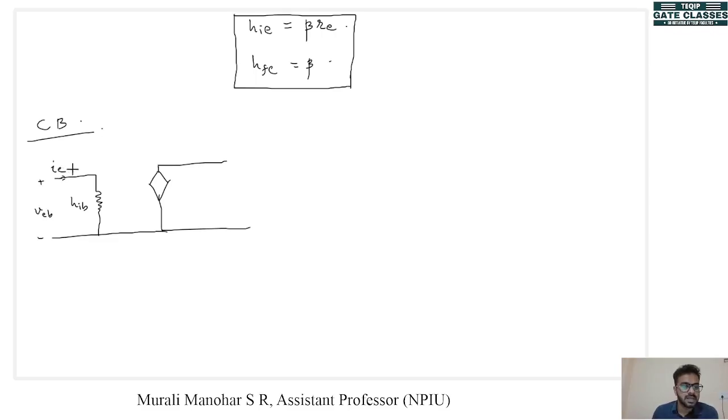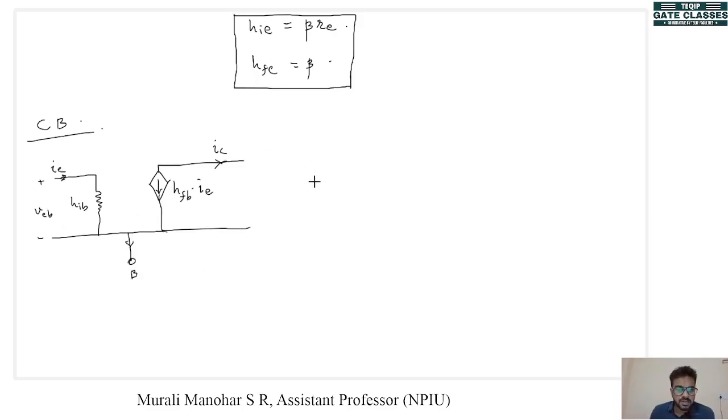Current is IE. Here the base is connected to ground. And this is HFB into IE. And here we have IC. And we know that IC flows in this direction if IE is coming into the circuit.